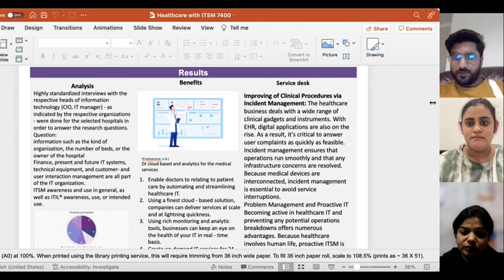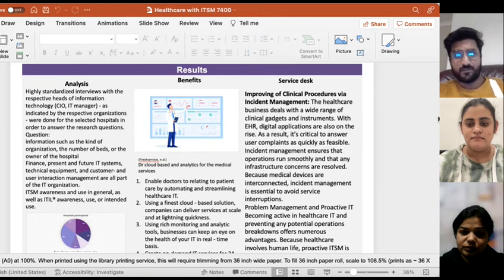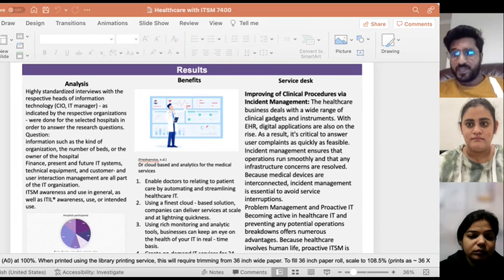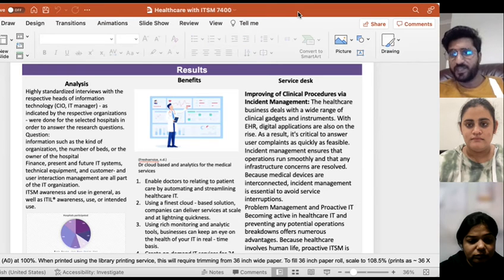Let us talk about the service desk. It improves clinical procedures via incident management. In healthcare IT services, the healthcare business deals with a wide range of clinical gadgets and instruments. With EHR, digital applications are also on the rise. As a result, it's critical to answer user complaints as quickly as feasible.